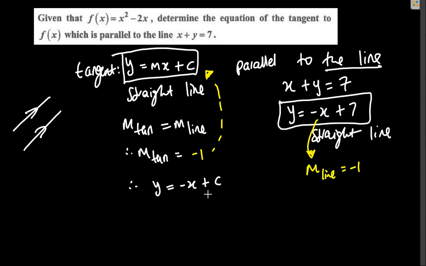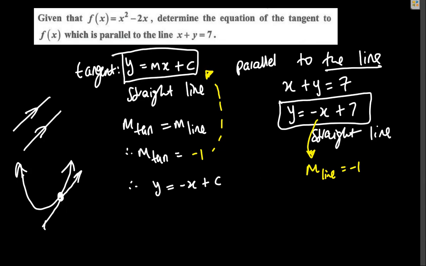Now, how will we get c? Think about it. Let me give you a minute to think about it. How will we find c? We need to substitute a point, right? Now, how will we get the point? We don't know the x value at that point, we don't even know the y value at that point. We only know that since this is a tangent, if our graph is like this, it means our tangent is passing through somewhere there.